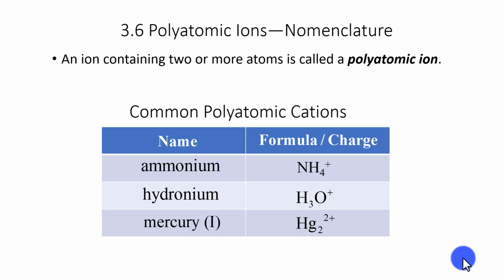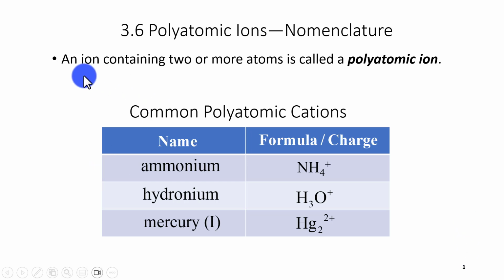We will continue our discussion on Chapter 3 with polyatomic ions and nomenclature, how to write the name of chemical formulas, or if we're given the formula, writing the ions.